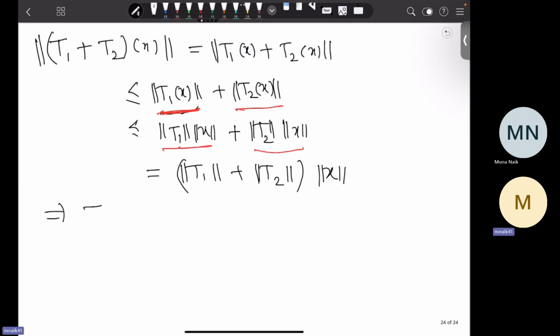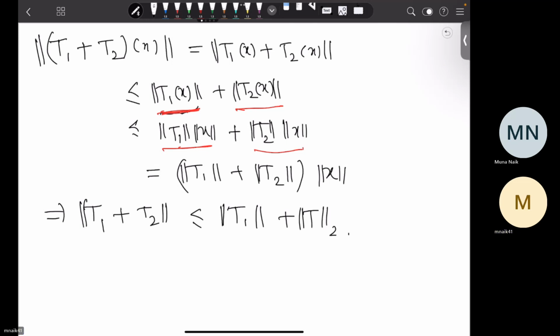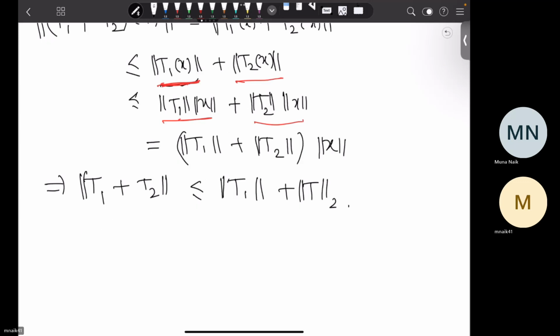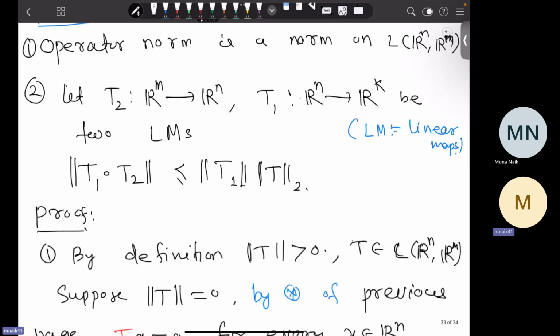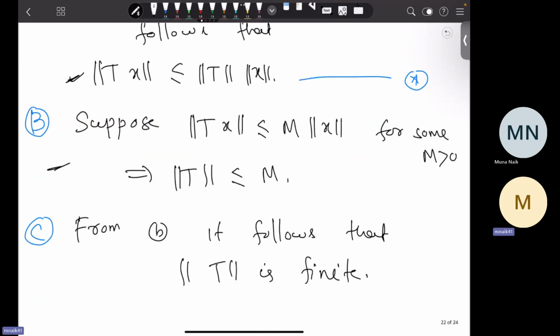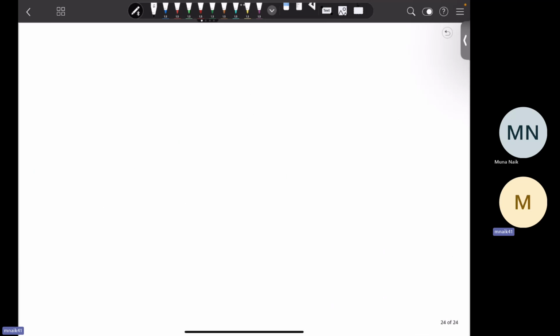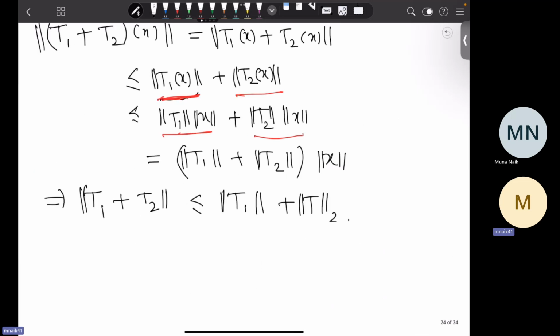So that will give you the norm of T1 plus T2 is less than or equal to the norm of T1 plus the norm of T2. This is by this thing B. Okay, so this is clear.